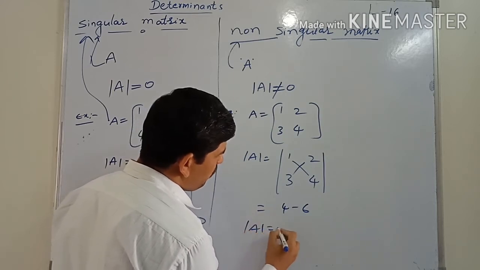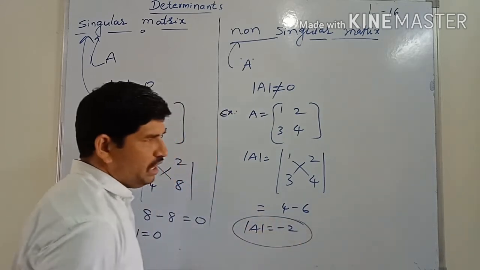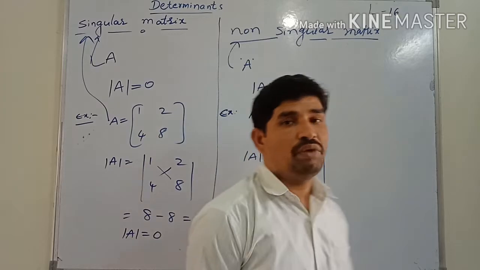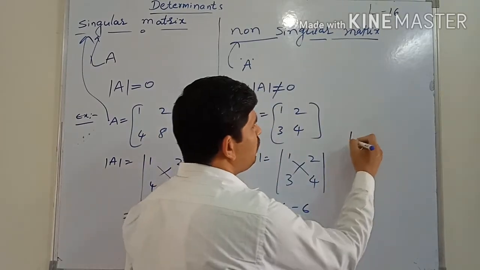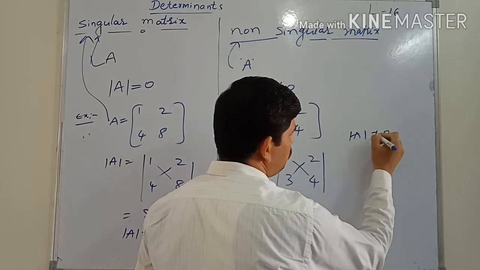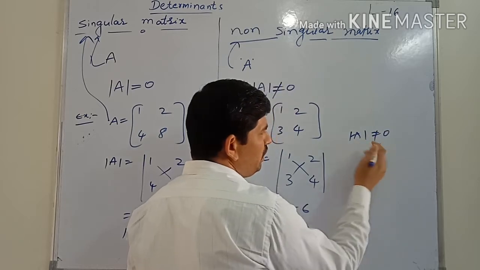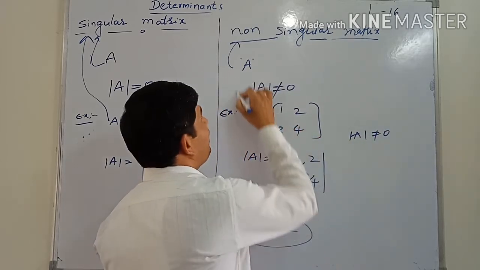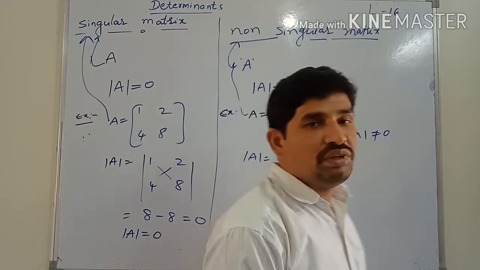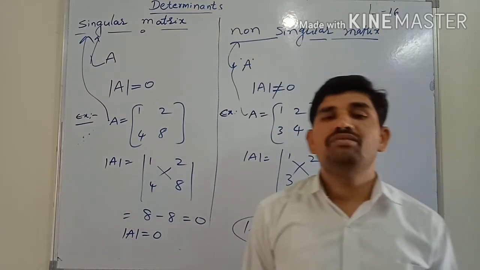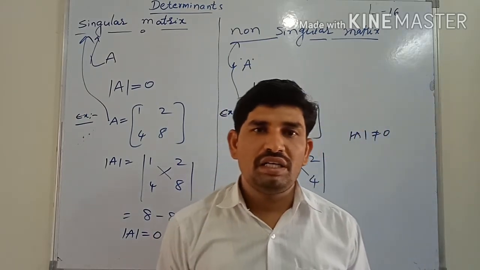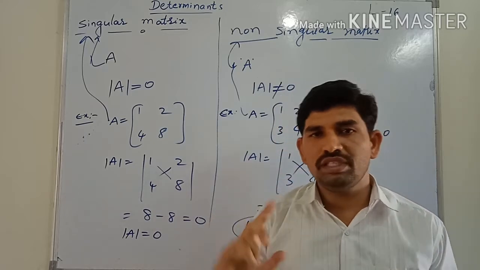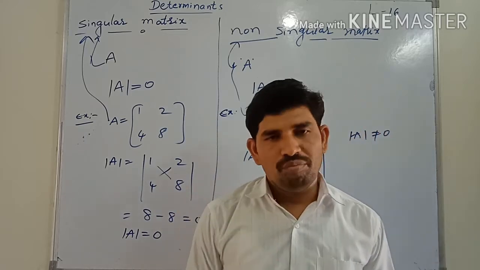Now the determinant of this matrix is minus 2. The determinant is definitely not equal to 0, so the matrix is definitely a non-singular matrix. This is the difference between singular and non-singular matrices.